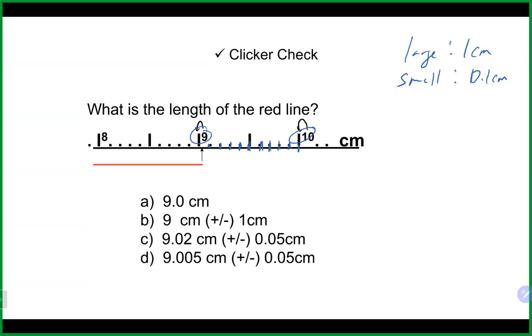In this case, our certain number is definitely 9. It's definitely not 9.1. So once again, we can use our dividing by 2 here to help us out. That's going to give us a plus or minus 0.05 centimeters.